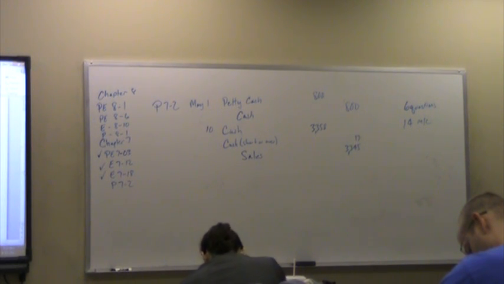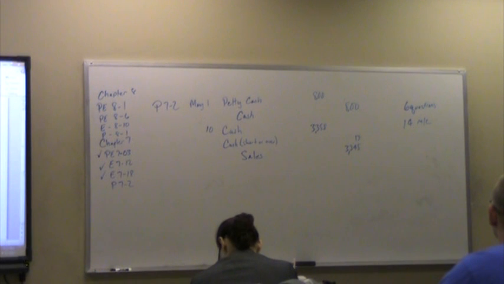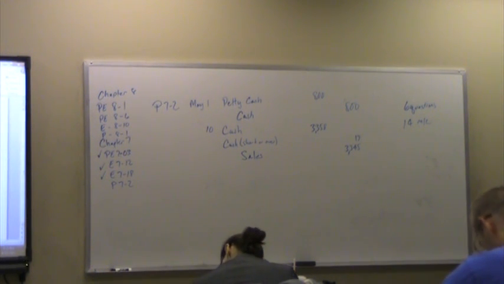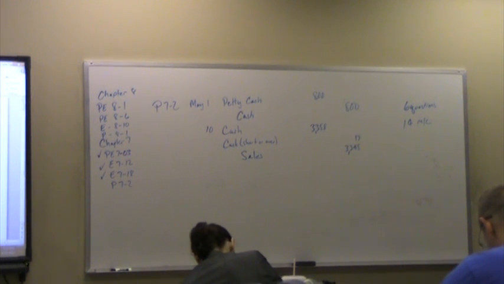So on May 3rd, we had supplies of $290, store supplies we purchased. And then we have the postage due, the delivery expense.